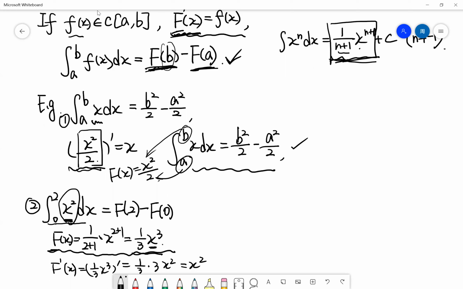And then we can calculate. First, we substitute 2 into this function, that means 1 by 3 times x cubed, right? So 2 cubed, and minus 1 by 3 times 0 cubed. So this part is 0. And that equals 1 by 3 times 8, so equals 8 by 3.